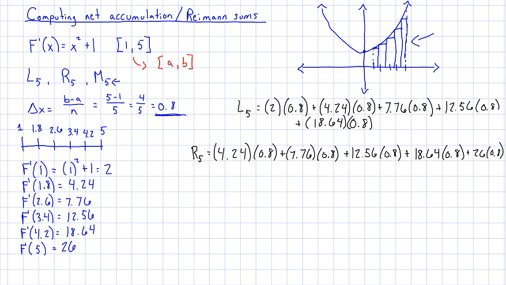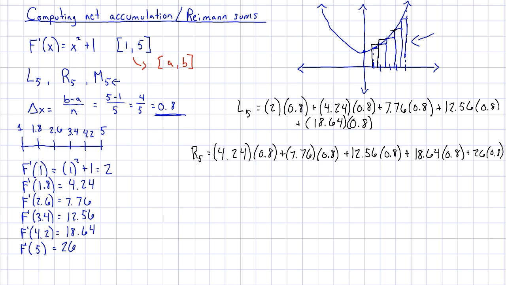So what I'm doing with the right-hand approximation, and I just want to draw it so that we see, my left-hand approximation, if you see here in the blue up in the upper right corner, I took the height of each box from the left-hand side of the interval. But for the right-hand approximation, you go instead to the right-hand side of the interval and you draw it out that way.